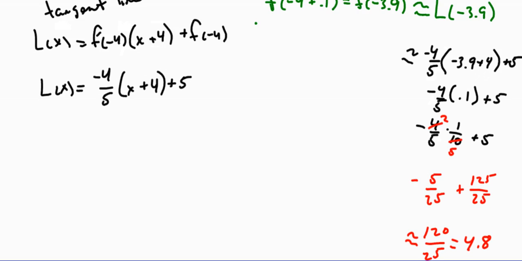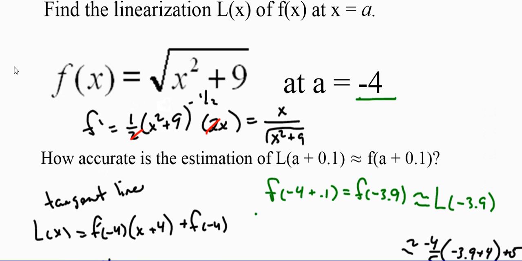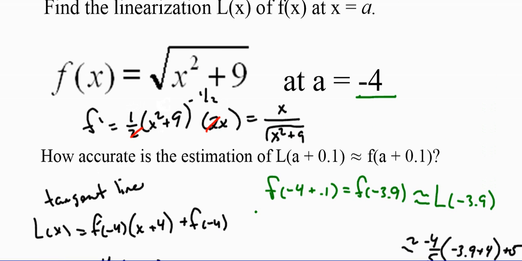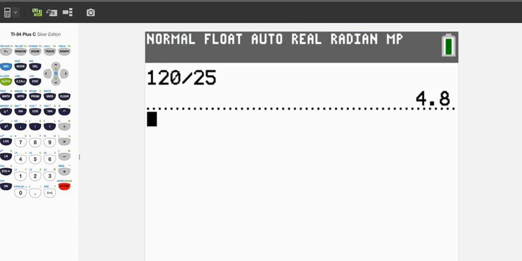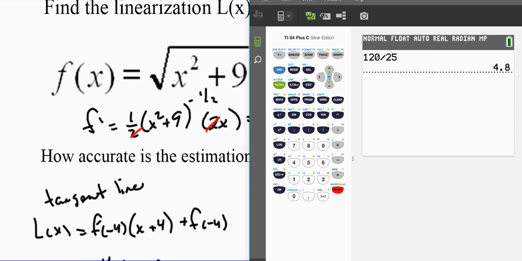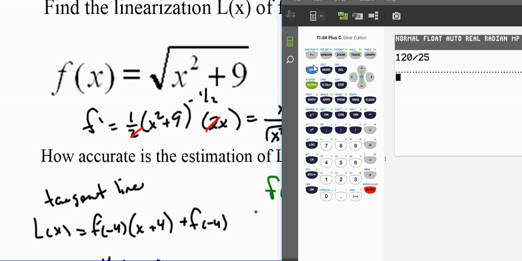If you want to figure out what the actual value is, we have to plug the actual value into our calculator. So I plug in this actual function: square root of -3.9, squared, and then add 9.